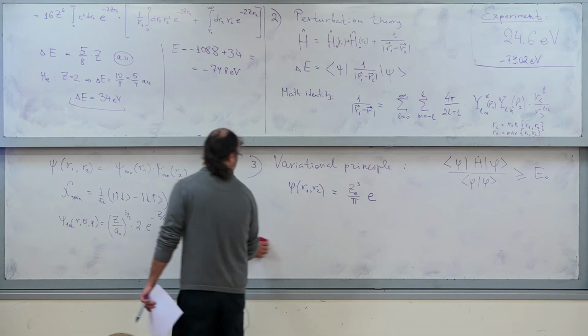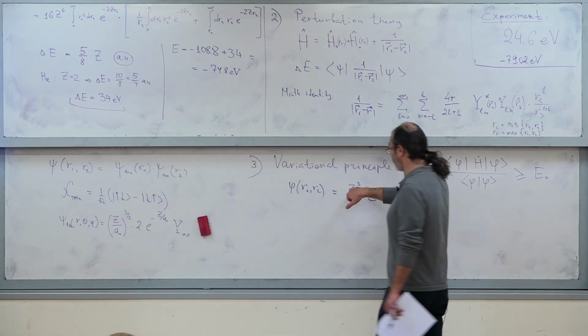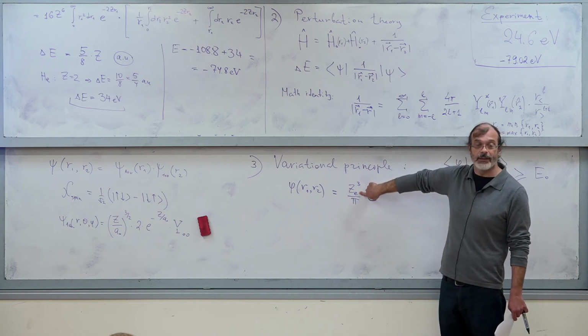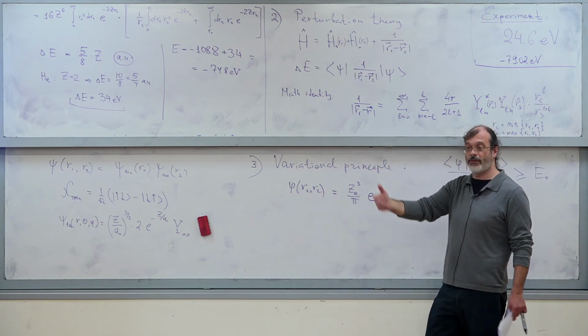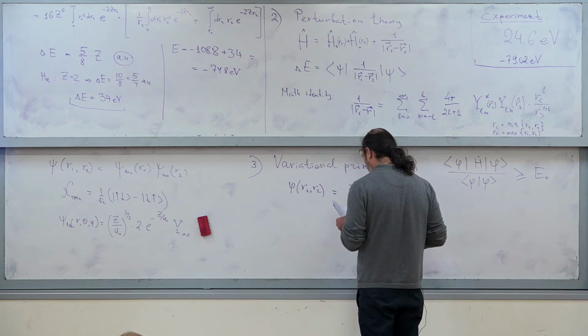we are going to make the following assumptions, so that the Z is the effective Z. This is why there is E here in this story. It means that we don't know it actually. This is the parameter of our wave function.